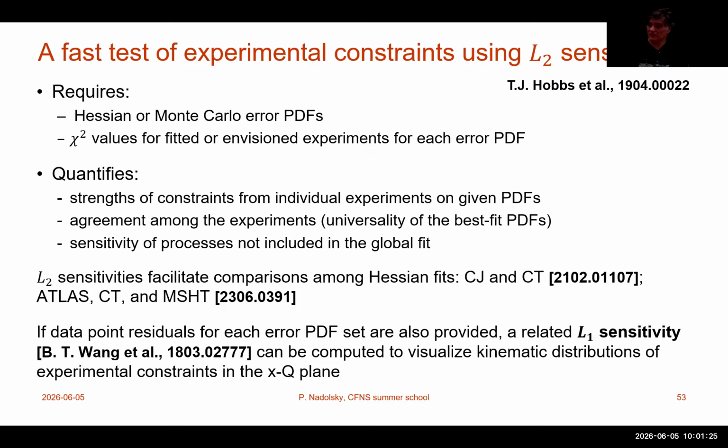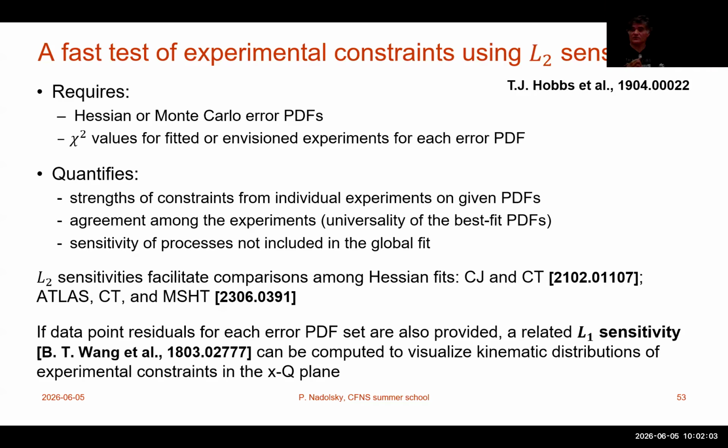You can examine agreement among the experiments. You could test for the sensitivity of processes that are not included in the global fit. And you can also compare constraints on the PDFs of the same flavor from different groups, because this correlation of sensitivity has a standard definition. So, for example, you could ask, what experiment provides the most important constraint on the gluon PDF in a certain x range in the MSHT fit?